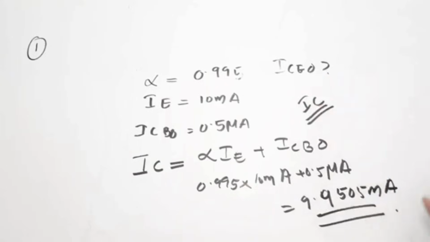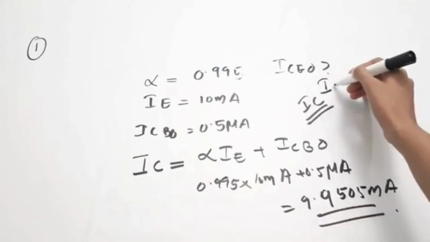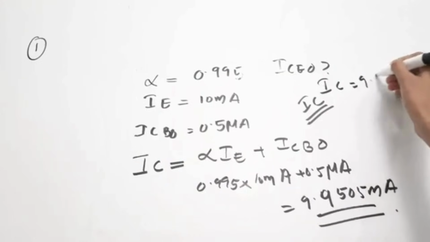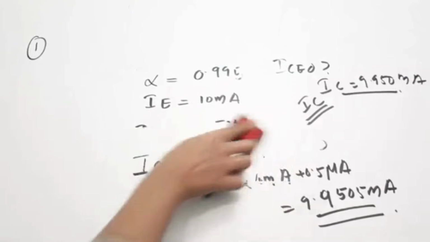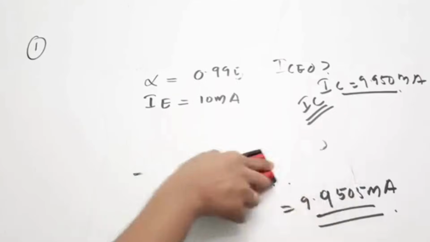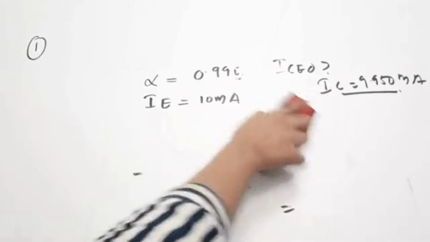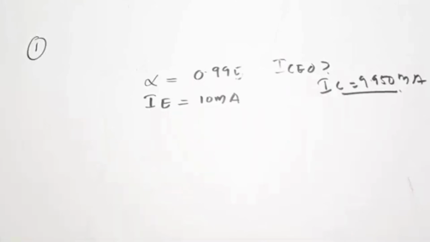We don't need IC, we need ICEO, but we have the value of IC now. Please note it here: IC equals 9.9505 milliamperes. Next, we'll find IB, the base current.